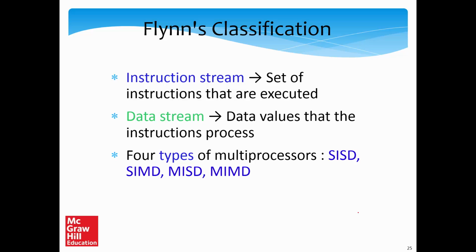So we define the terms S and M, S for single, and M for multiple. So SISD is single instruction, single data, MISD is multiple instruction, single data, and so on.